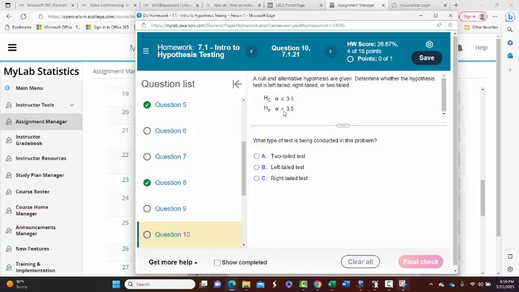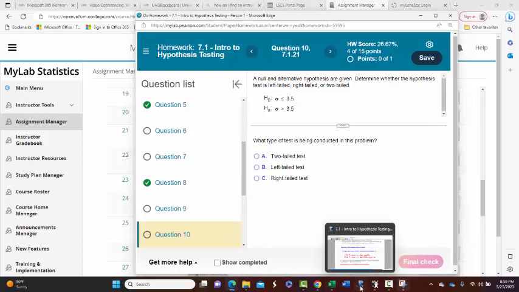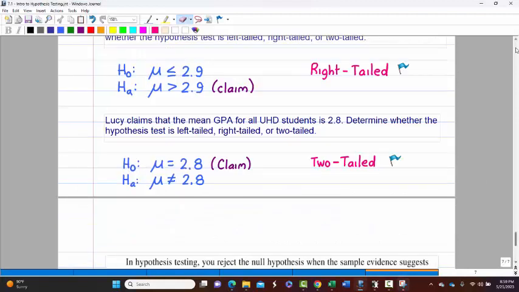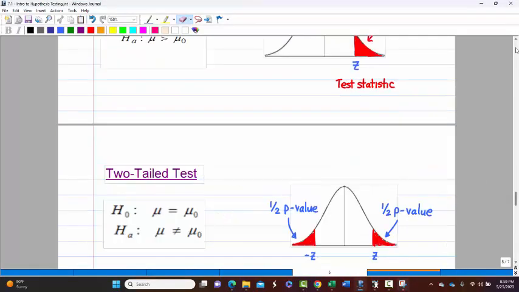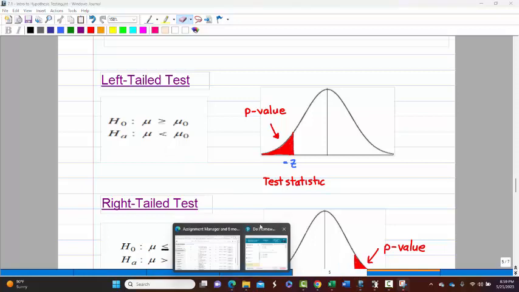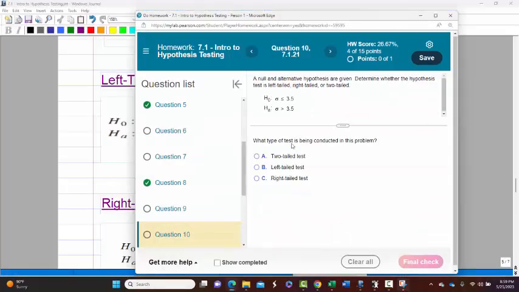Even though the first symbol is not the same, it still meets this criteria right here. It's all about the directions of the arrows. So going back to this, that means with the greater than as your alternative, that is a right tail test.